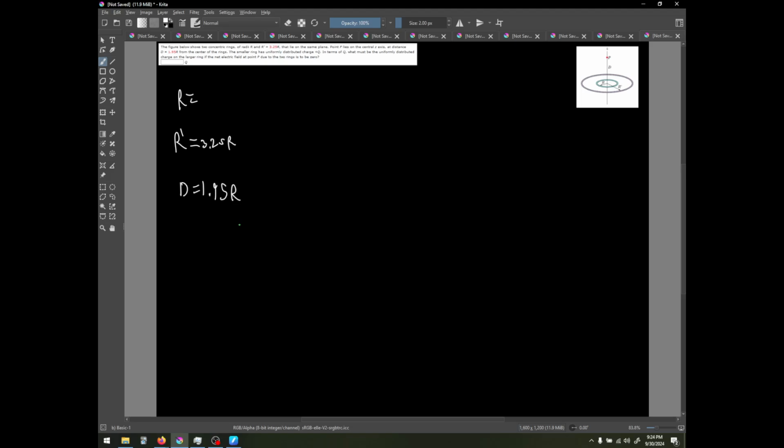Now we're asked, what must the uniformly distributed charge on the larger ring be, if the net electric field at point P due to the two rings is to be 0?